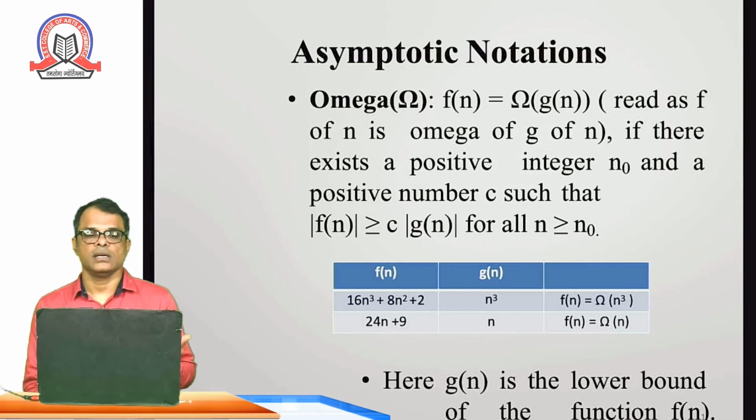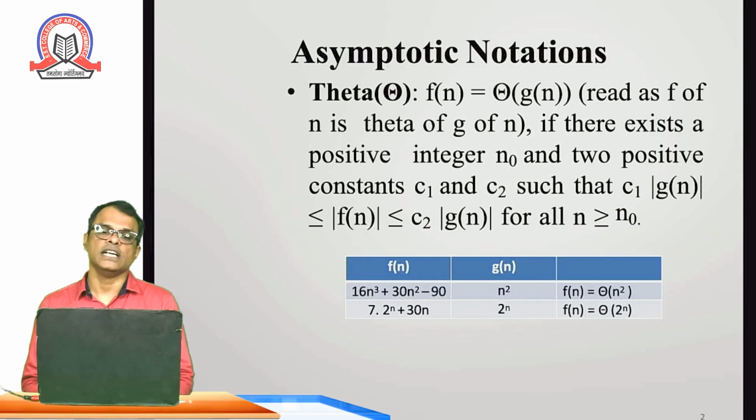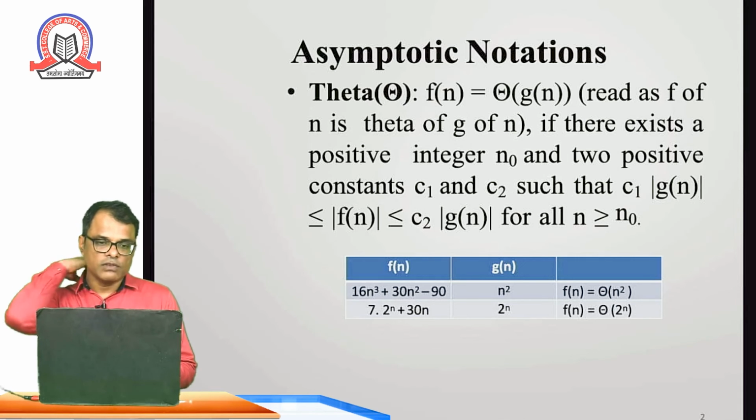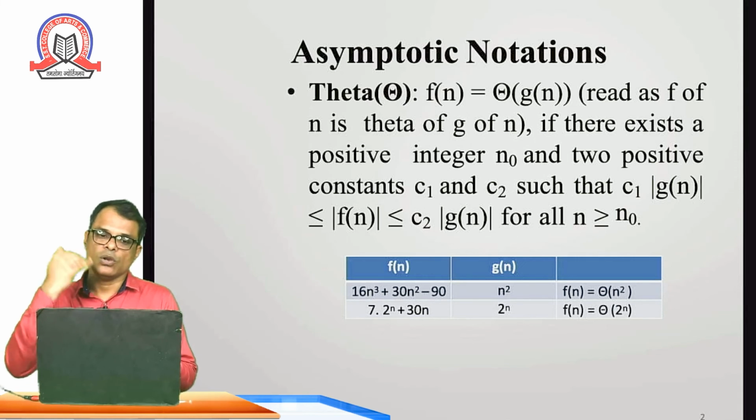So basically big O notation is an upper bound and omega notation is the lower bound, and the last notation is theta notation. It is the average, so you get the average between upper and lower bound.